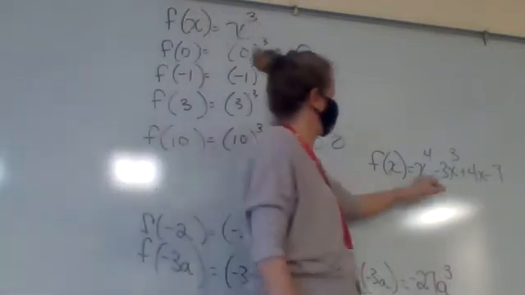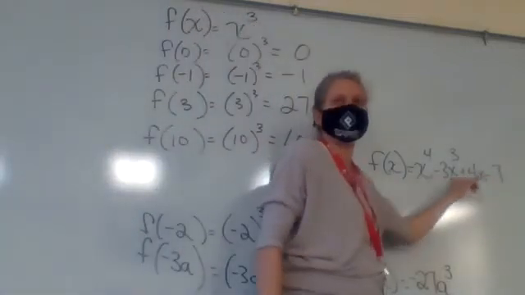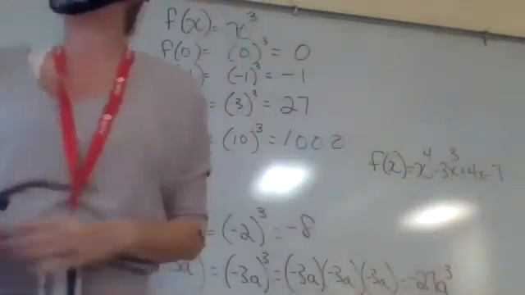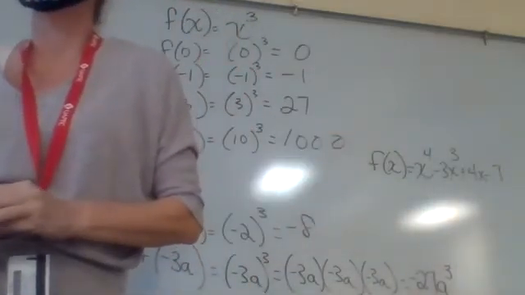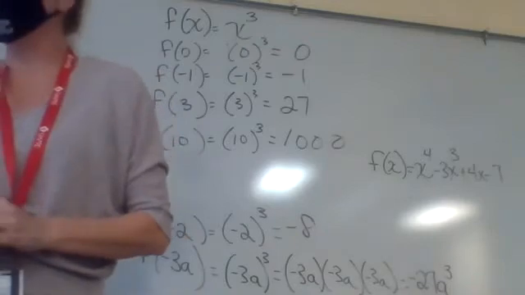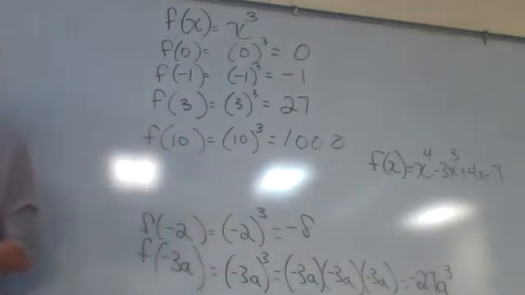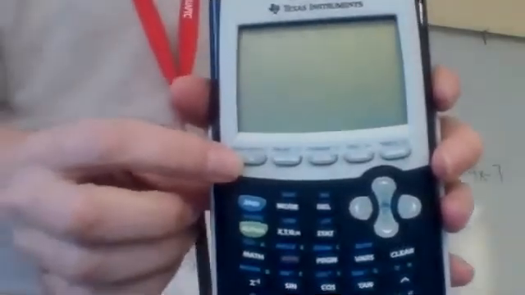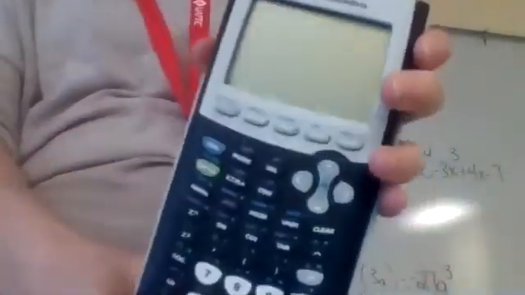You'd be going through replacing all of these x's with whatever the number in parentheses was, and then having to do a bunch of math. What if there was a shortcut? Go to your calculator, hit your y equals button, which is the very top, very left button. Turn it on first.